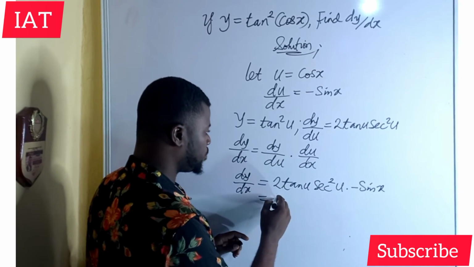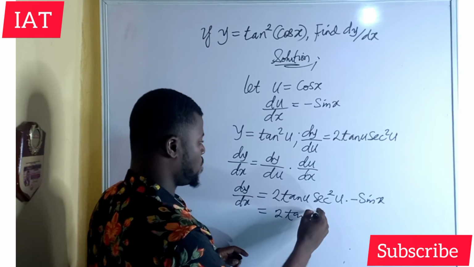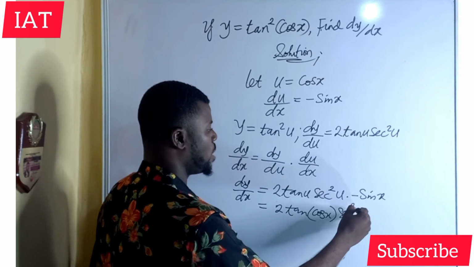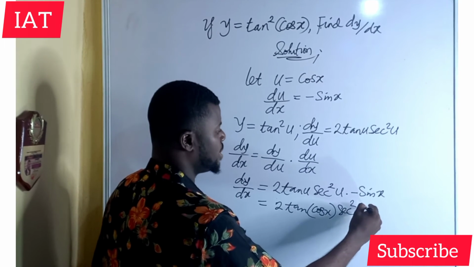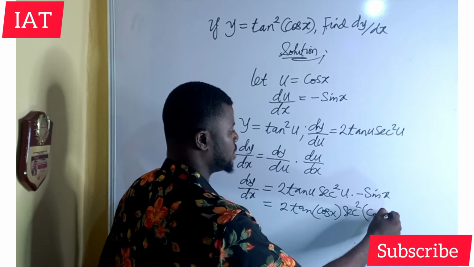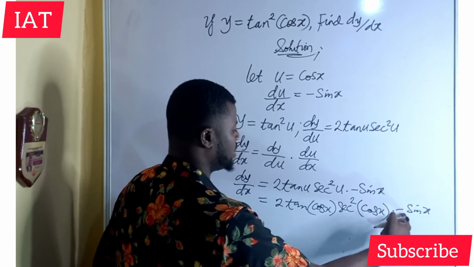So we have 2 tan cos x, sec squared, again cos x, and minus sine x. So let's take this out.